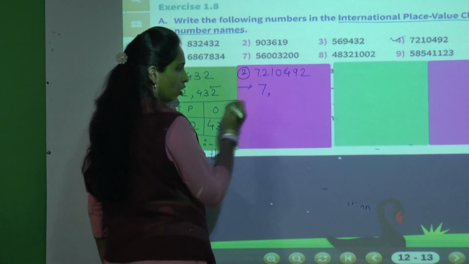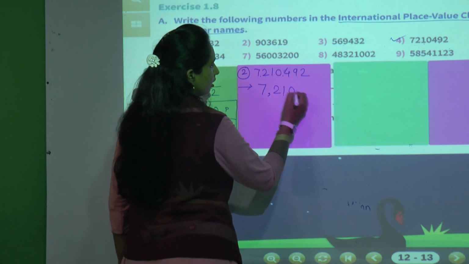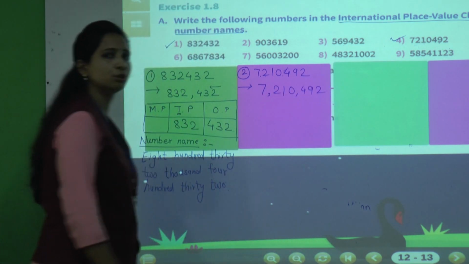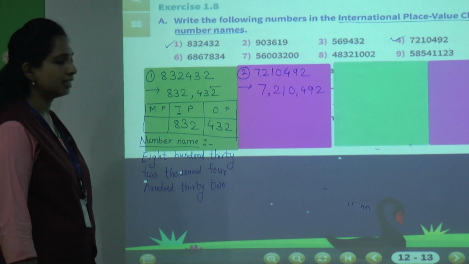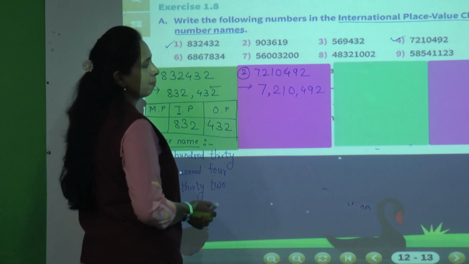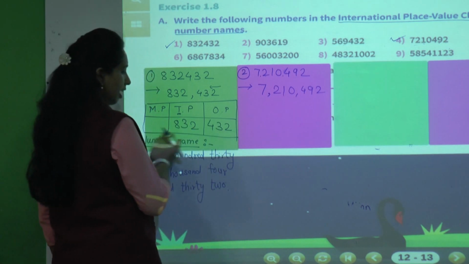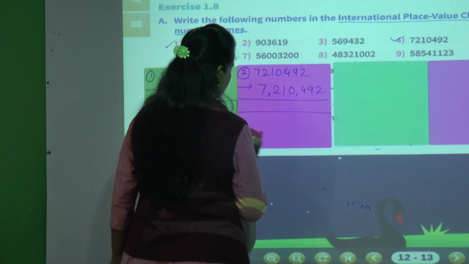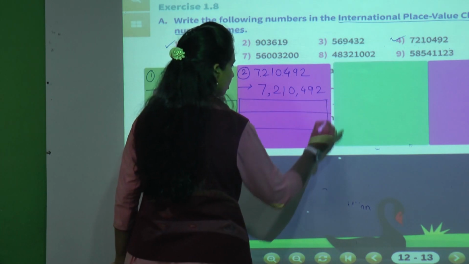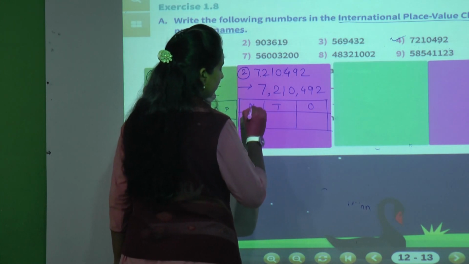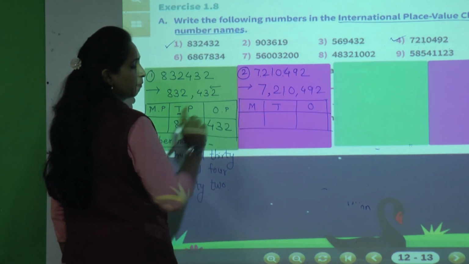So I'll give commas: 7, then 210, then 492. Getting it? Is it clear? Yes, students. Now we have to place this number in the place value chart in the same way: ones period, thousands period and millions period. You will write in full here.